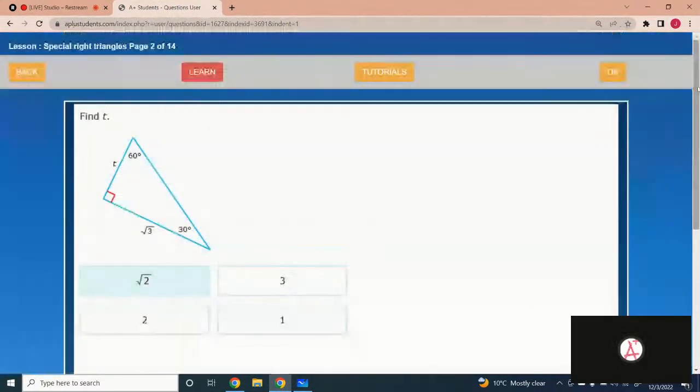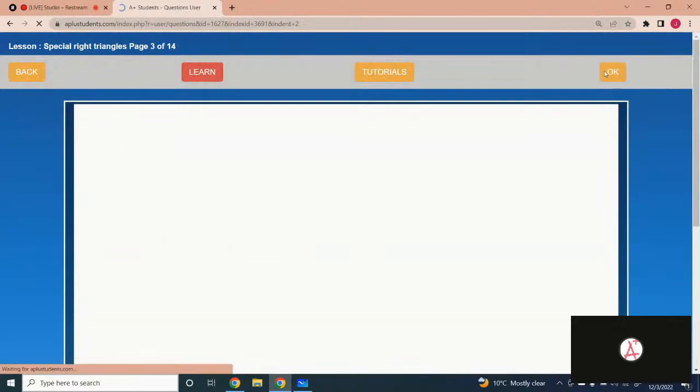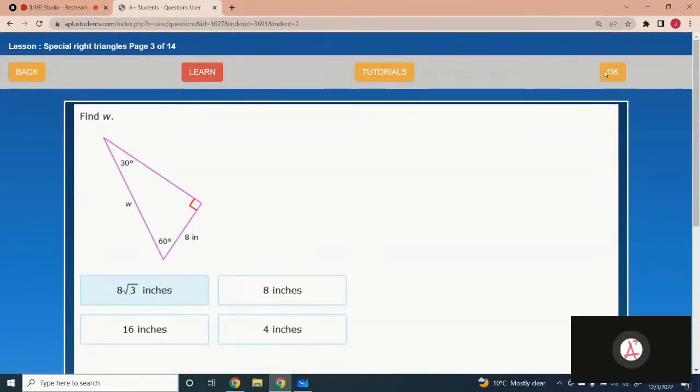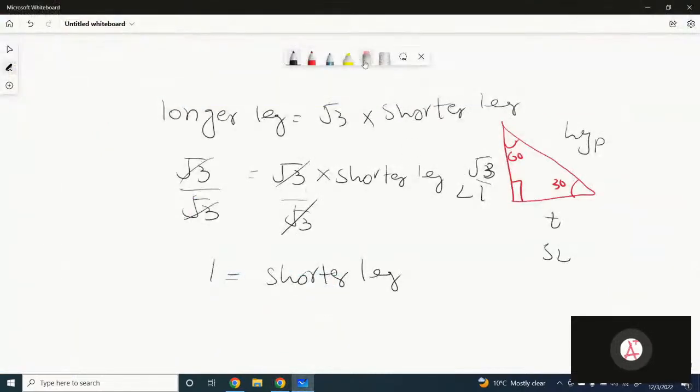So let's just move on to the next one. Okay, the next one is again a 30, 60 and 90 triangle. You have to find the length of the hypotenuse now. Got it? So how do we find the length of the hypotenuse in a 30, 60, 90 triangle?